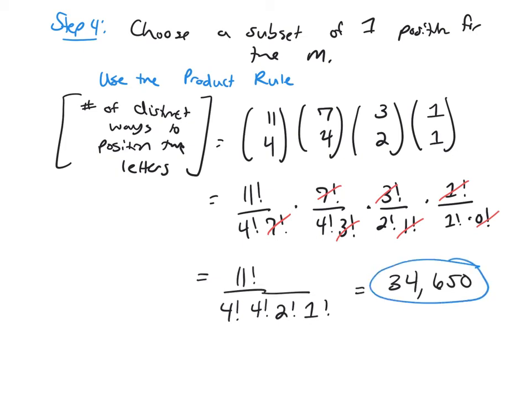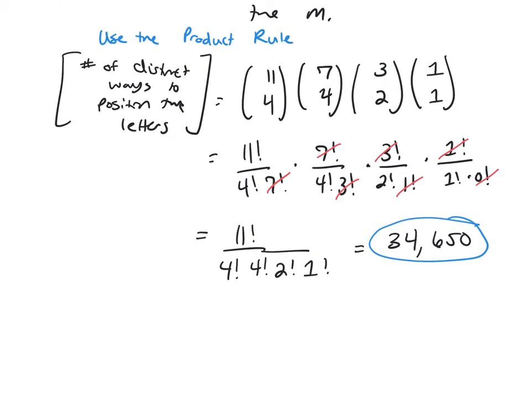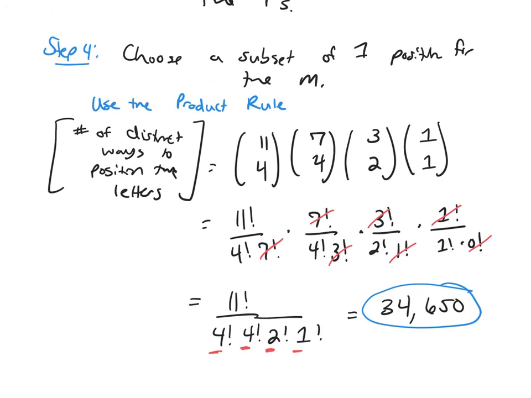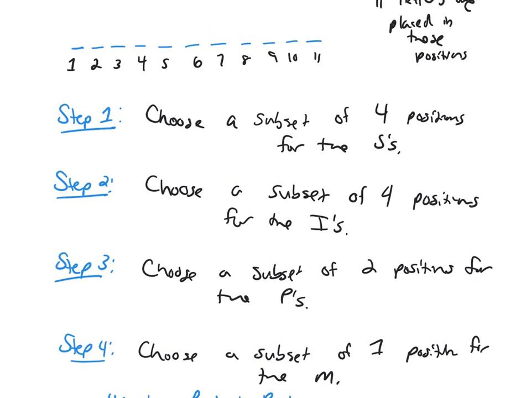So one thing I want to mention, if you look at this denominator, look at these numbers that are appearing here: 4, 4, 2, and 1. We saw those numbers before. If you look back, we saw them in how many of each letter we had.